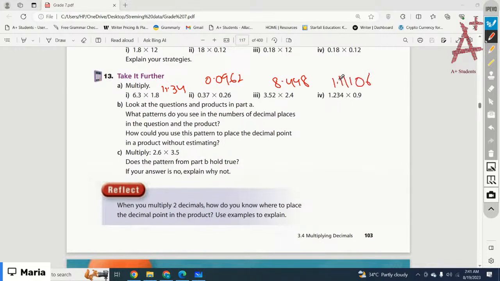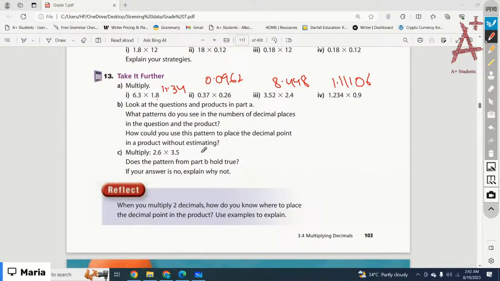Okay, you can see that the position of the decimal is equal to the sum of the questions' numbers of decimal places. Like here you have one digit and one digit, 1 plus 1 is 2. Here you have 2 plus 2, which makes 4, right?